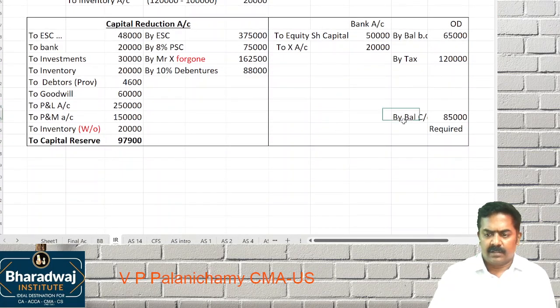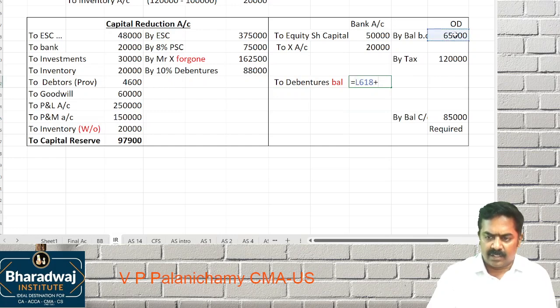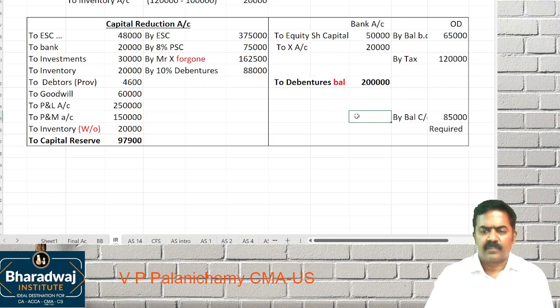That's all. We have to maintain this 85,000 as a balancing for the issued debentures. For the balance, we'll issue debentures. See, we need money for this OD, and money for the tax paid. Closing balance we have to maintain, minus. 2 lakhs we have to issue debentures.